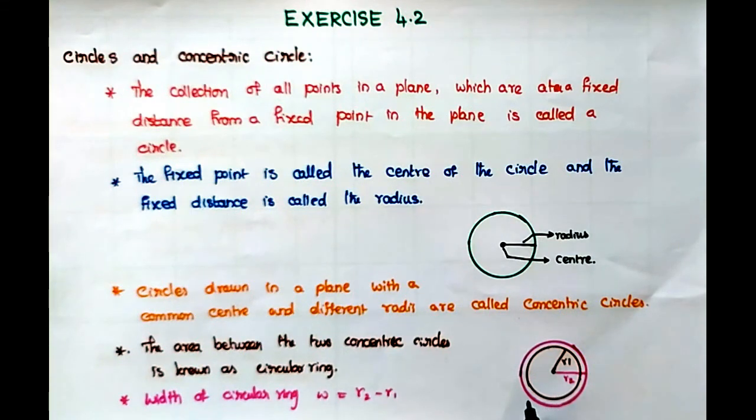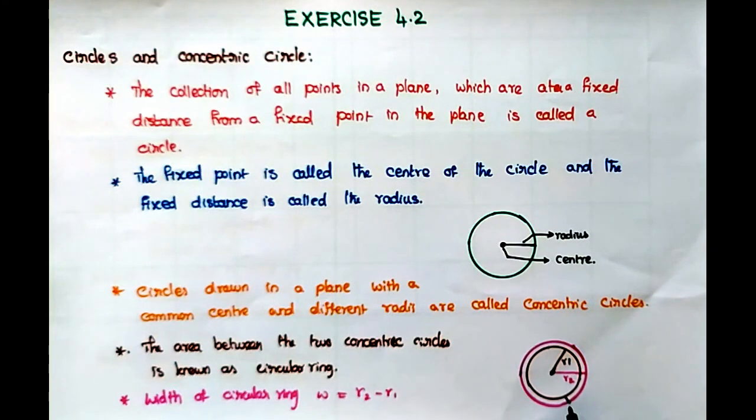Circles drawn in a plane with a common center and different radii, R1 and R2, are called concentric circles. The area between the two concentric circles is known as a circular ring.